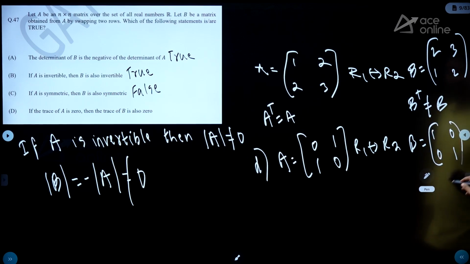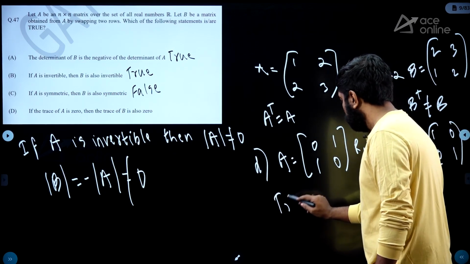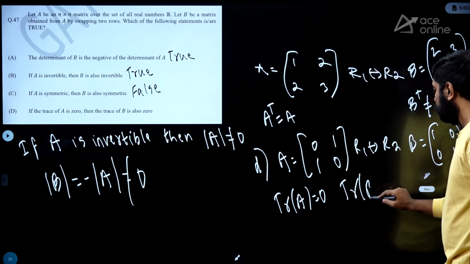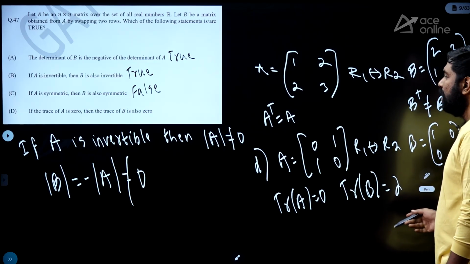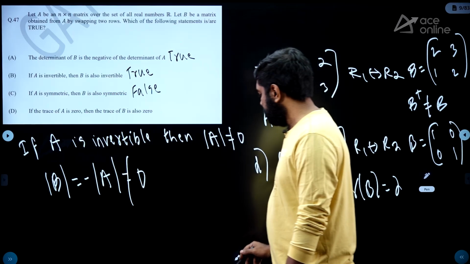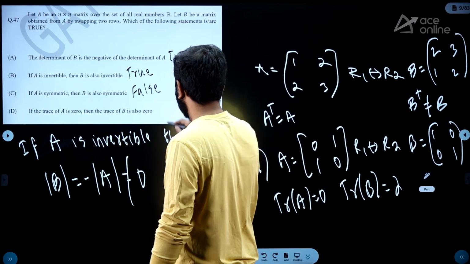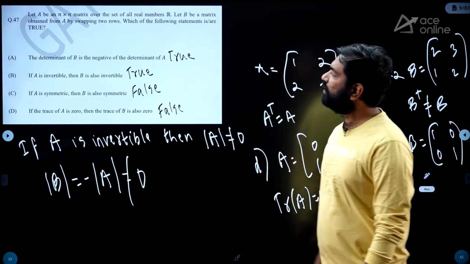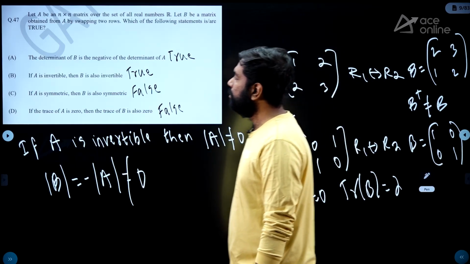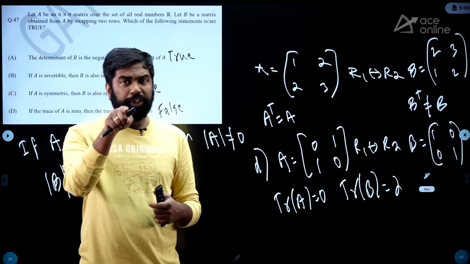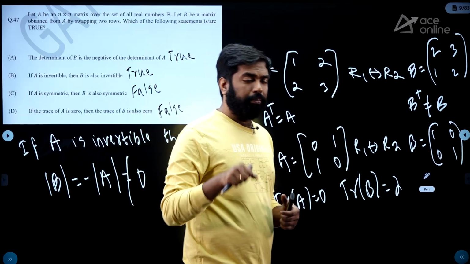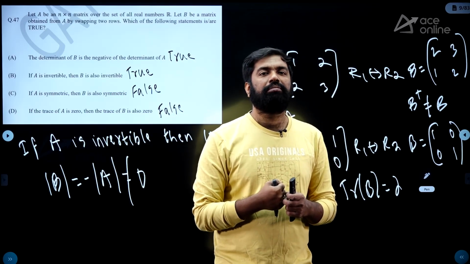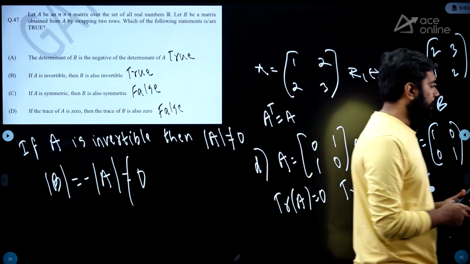What is the trace of B? Here the trace of A is 0, whereas the trace of B is 1 plus 1, which is 2. That is a false statement. So the answers are options A and B. Such simple questions were asked. Believe in your basics. If your basics are strong, you are unstoppable in the GATE examination.